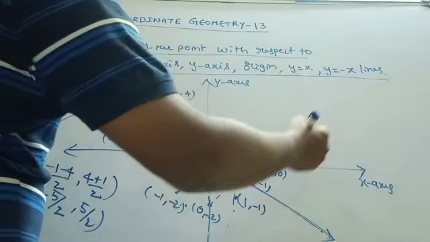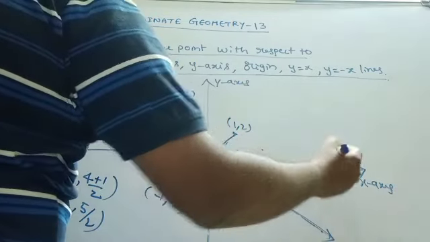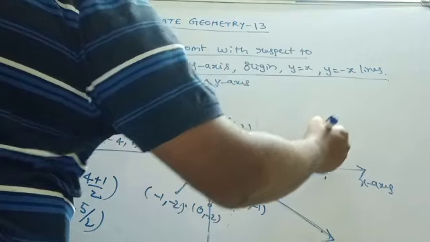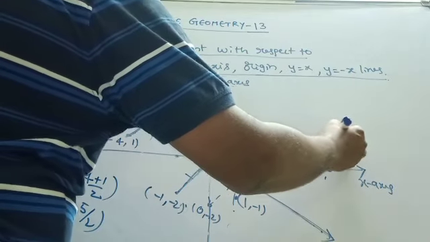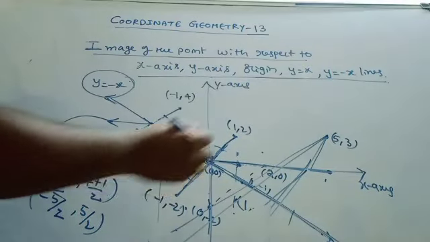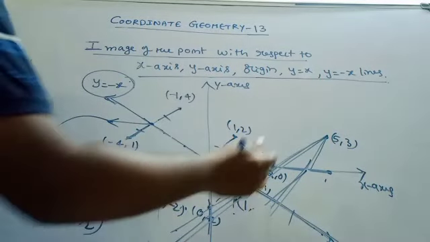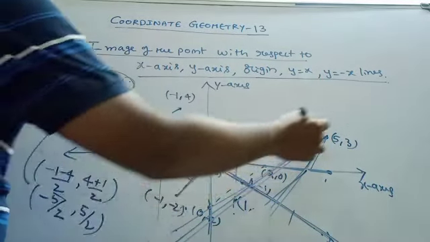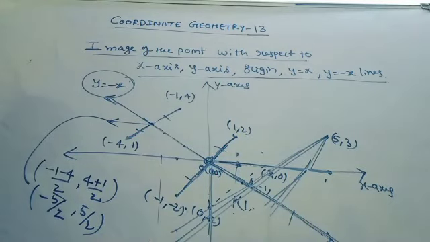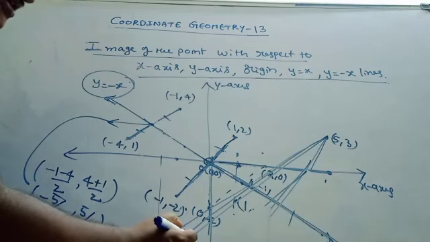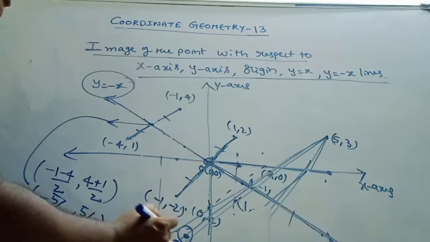Suppose I take something like (5, 3). When we take (5, 3), its image is not (5, -3); it should lie in the third quadrant, because it is nothing but (-3, -5).